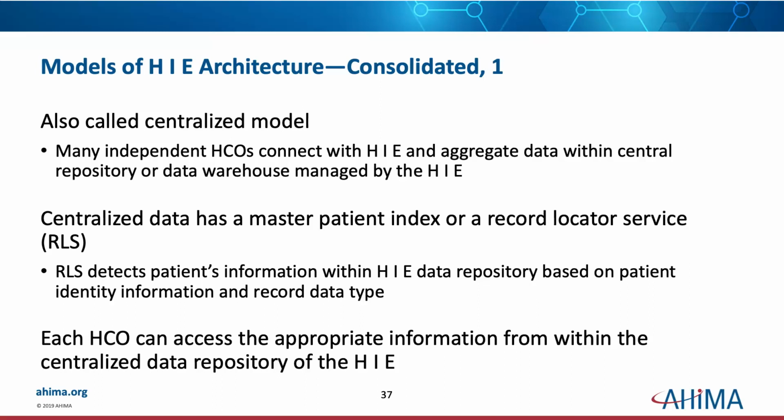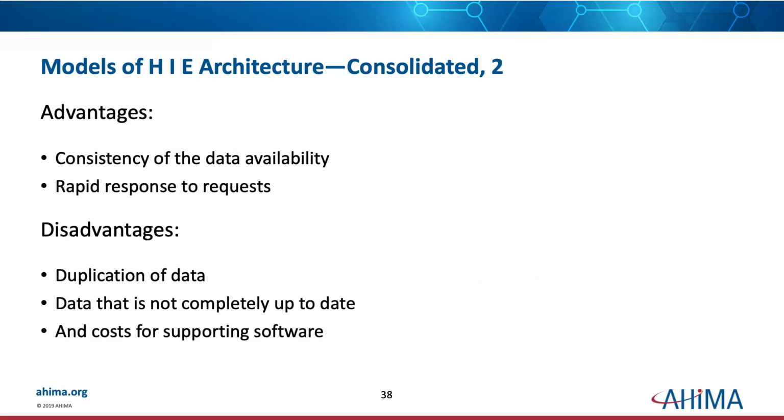So centralized means it's all this information together in a central repository or data warehouse with a master patient index or an RLS. That's what you need to know. Some advantages: consistency of the data availability, rapid response to requests. Disadvantages: you may see duplication of data, data is not completely up to date, there's cost for supporting software.